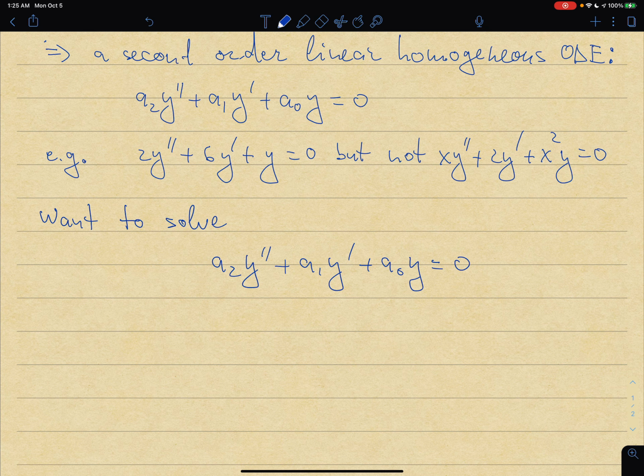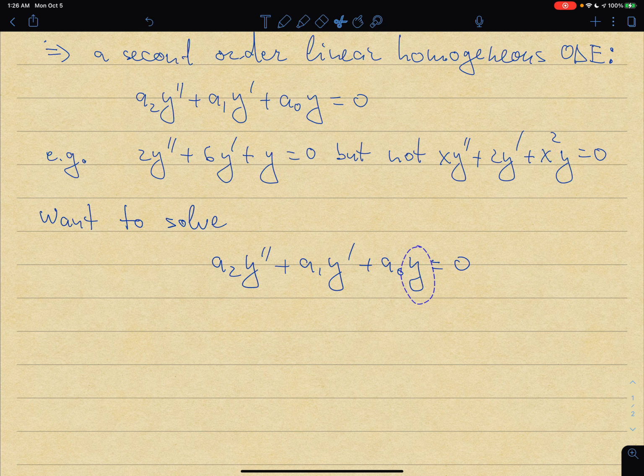What we're doing here, we're adding first and second derivative of y to y itself with constant coefficients, and at the end of the day, we're getting 0. So that means that the first and second derivatives should resemble the function y. The form should be similar to the form of the function y.